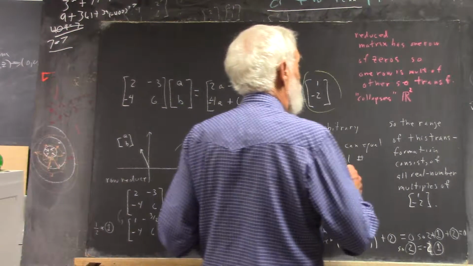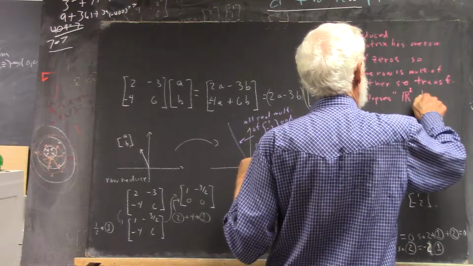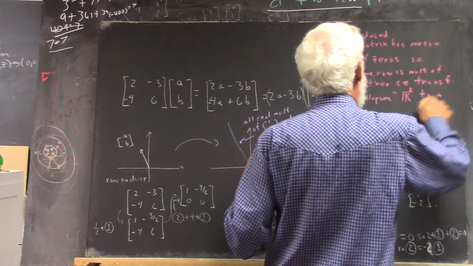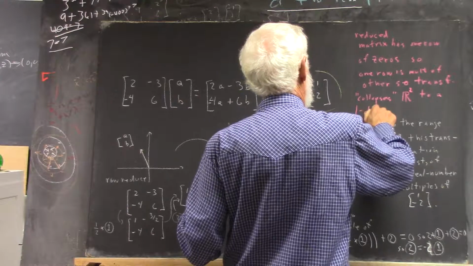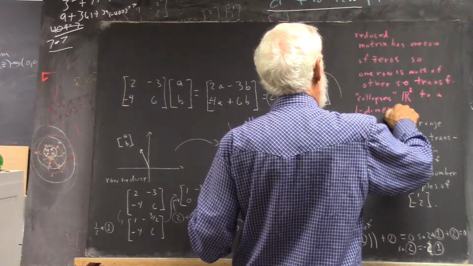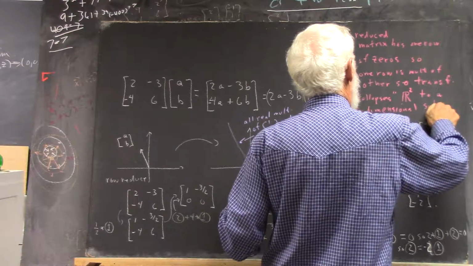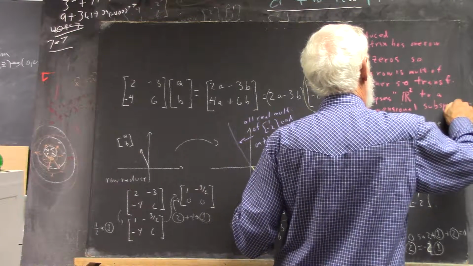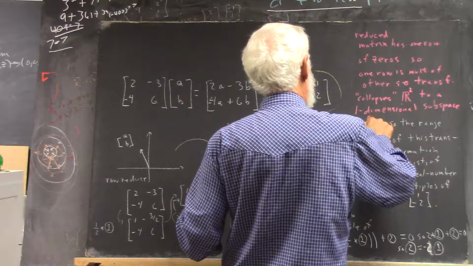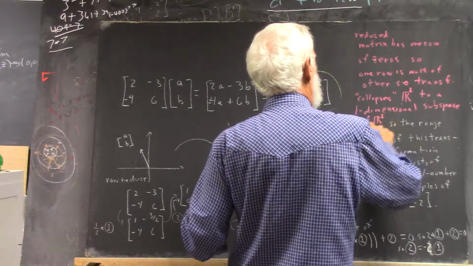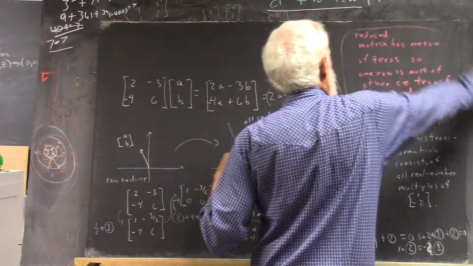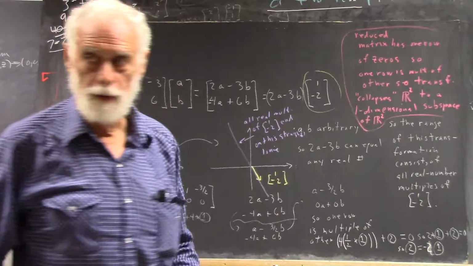So it collapses R2 to a one-dimensional subspace of R2.